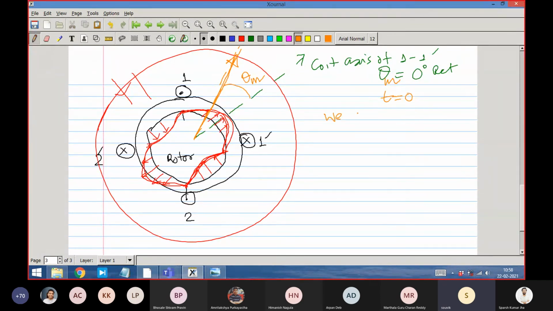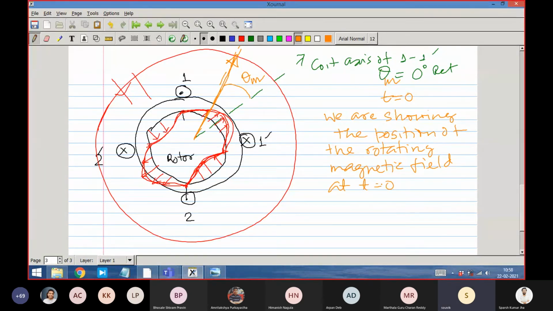We are showing the position of the rotating magnetic field at t is equal to 0.